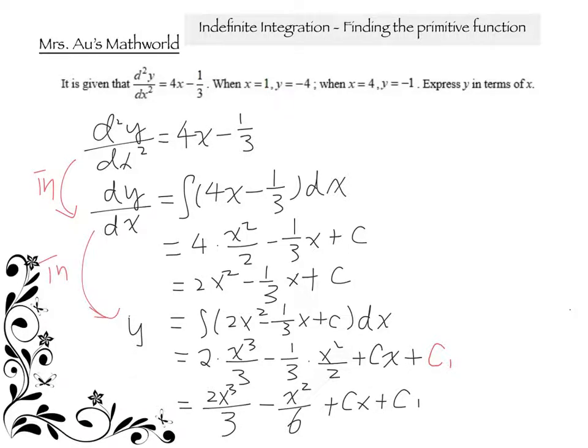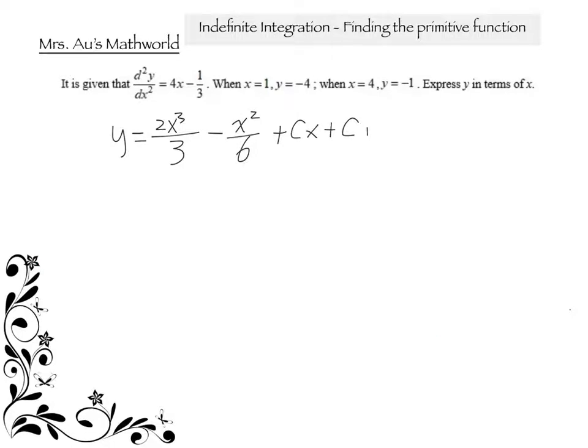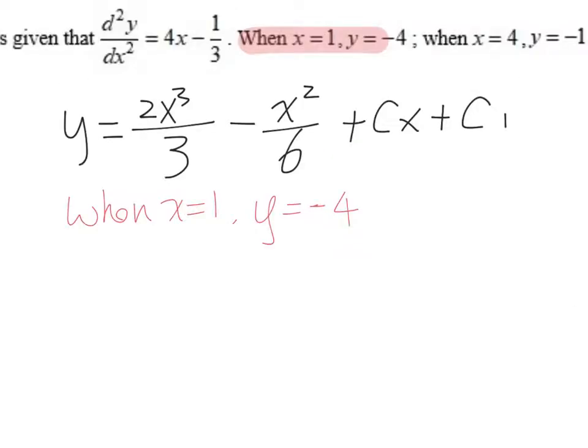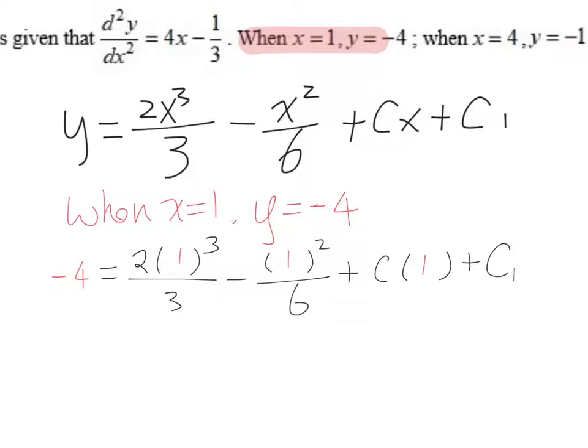So step 1 is done. After that, we are going to substitute the values into this equation to find the values of c1 and c, so we can express it. Right now you'll get this equation. Substitute the first one, and you will get this equation. So the unknowns are c and c1, and we need to form an equation for them.